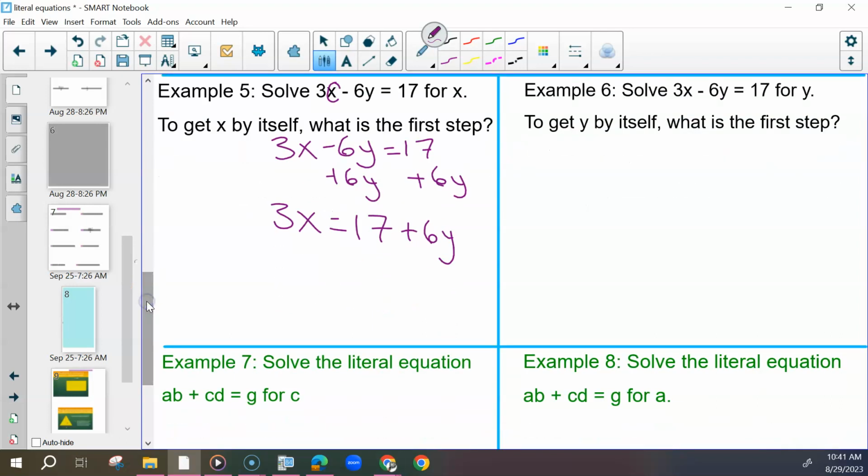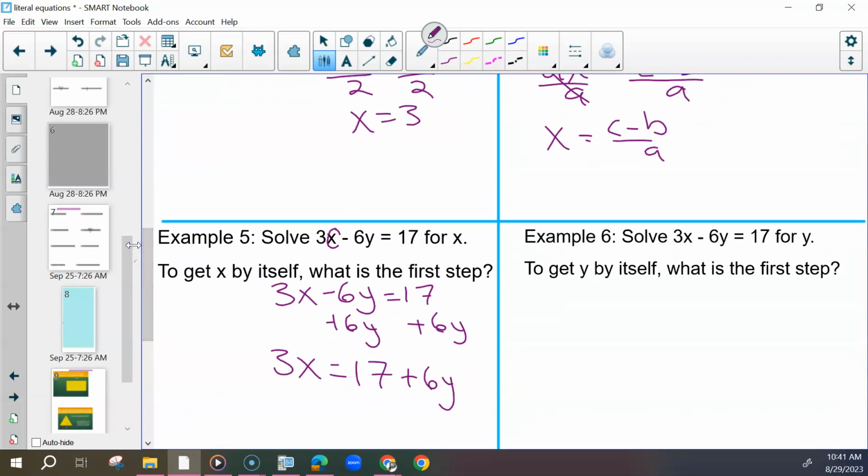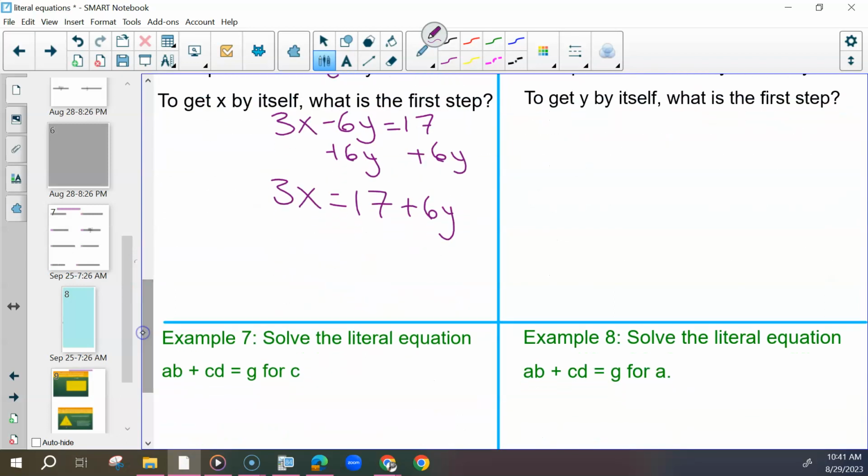Now when we do this, we did not do this in the last one because we only had variables. 3 goes into 6, so we're going to divide these separately. This 17 over 3 will not easily divide, so that's just going to stay a fraction. But 6 divided by 3 can easily divide, so that's going to change. So anytime a number can go into something else, you want to divide it separately. If it can't, then you can divide it all together.